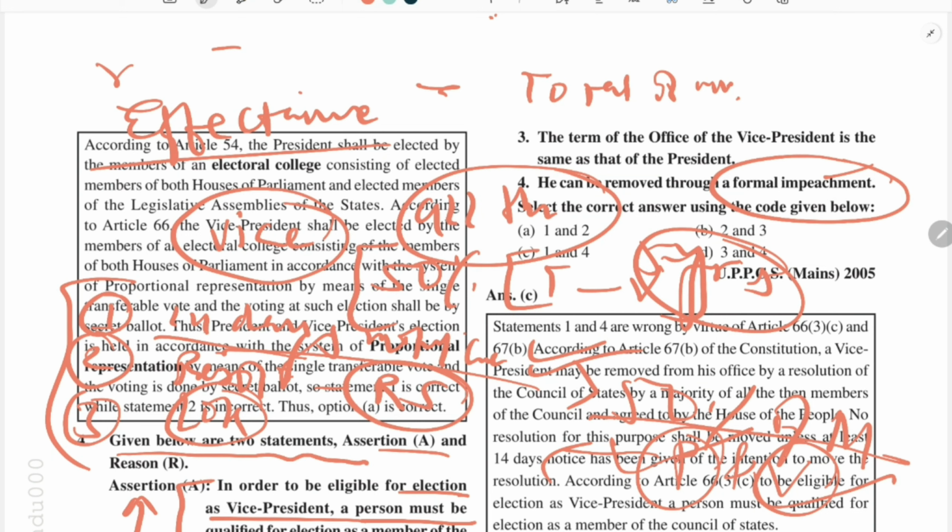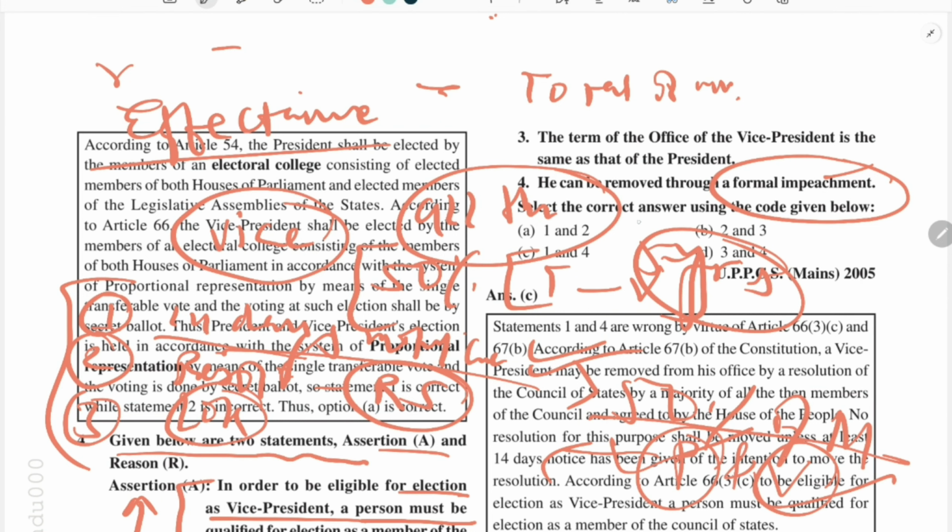And one more thing is that the ground of removal of the vice president is not mentioned in the constitution, as in the case of the president it has been written as violation of the constitution. So no such ground has been mentioned in the constitution for the removal of the vice president. So that is another important piece of information regarding the removal of the vice president.